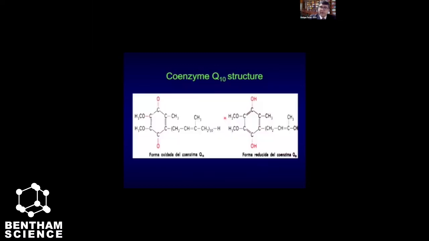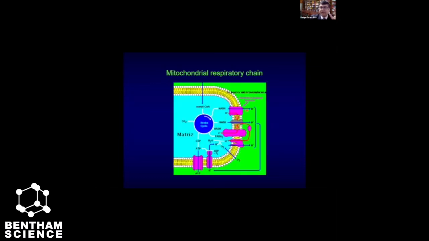So we realize that the electron transport chain depends on complex 1 and complex 2 to transport the electrons to complex 3 through ubiquinone.